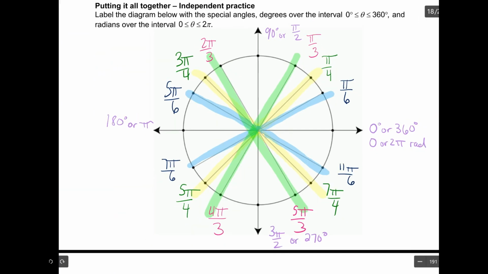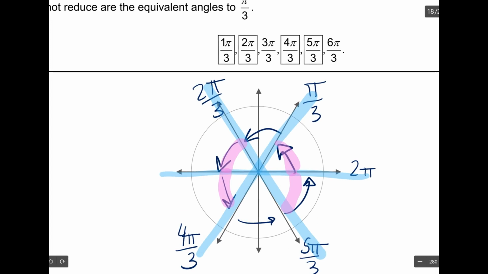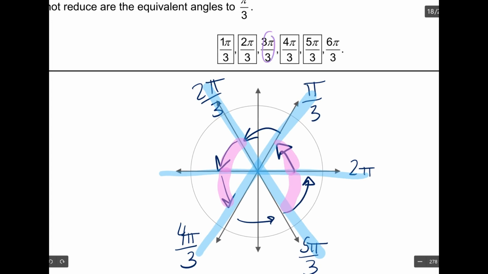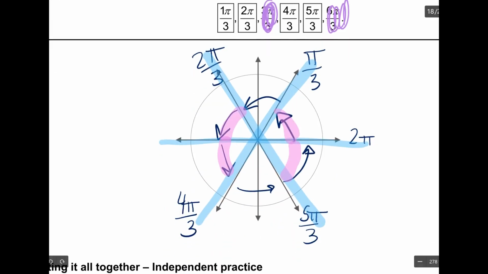Okay, so for example here, this was 180 degrees and this was 360. When I was labeling my 60, I went 60, 120, oh, 180 was already written, so I skipped it.